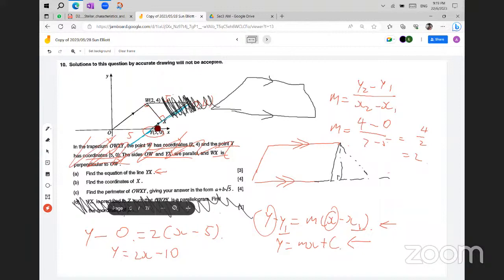So do you think we have the gradient of this line? How can we find the gradient of that line? I'll give you a hint.